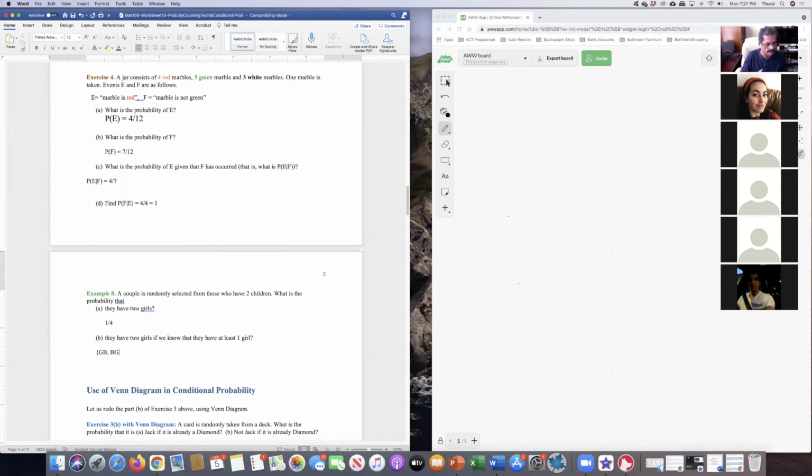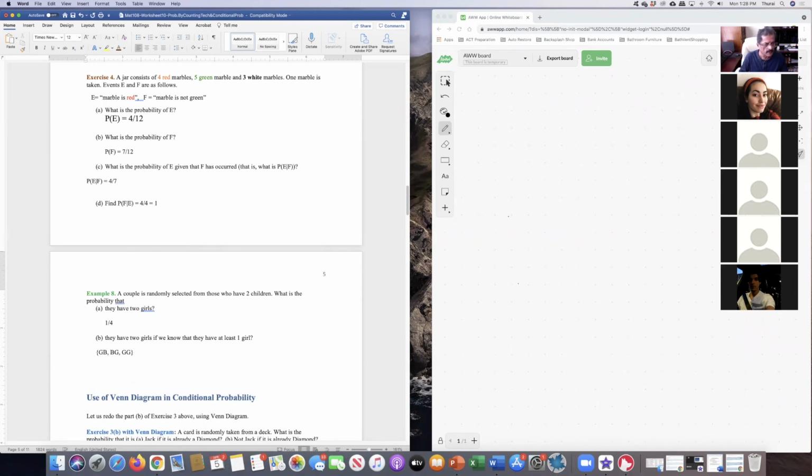Boy and girl, girl and boy, or what else is possible? 2 girls. So these are the elements we are limited to. So what is the answer to the probability? 1/3.